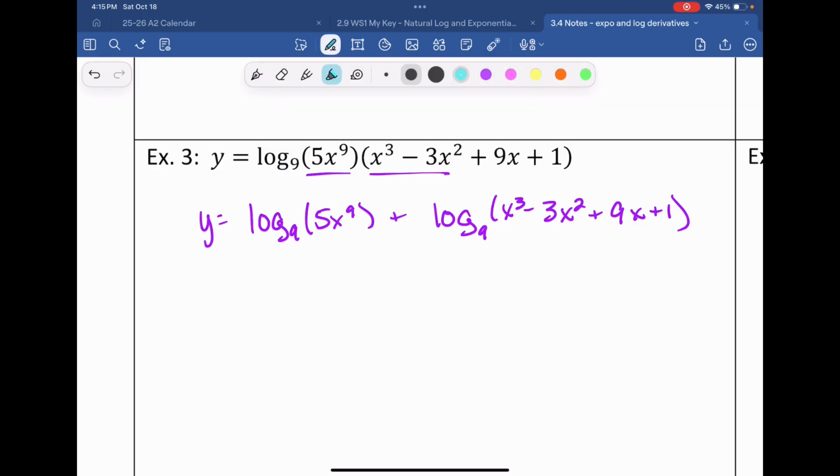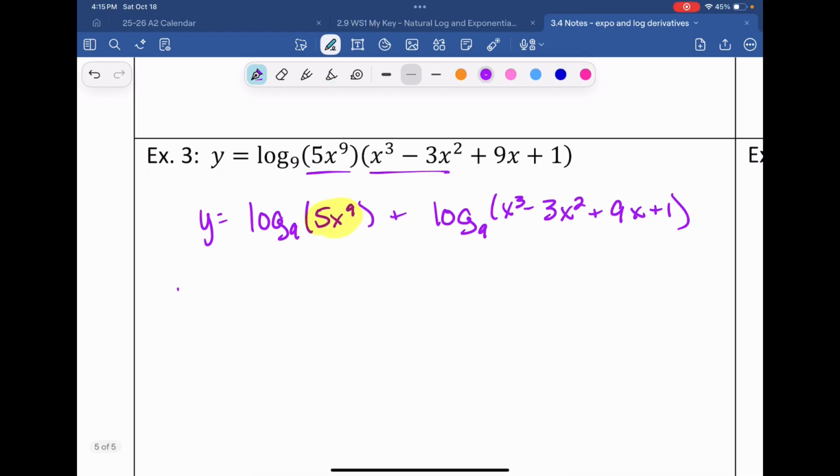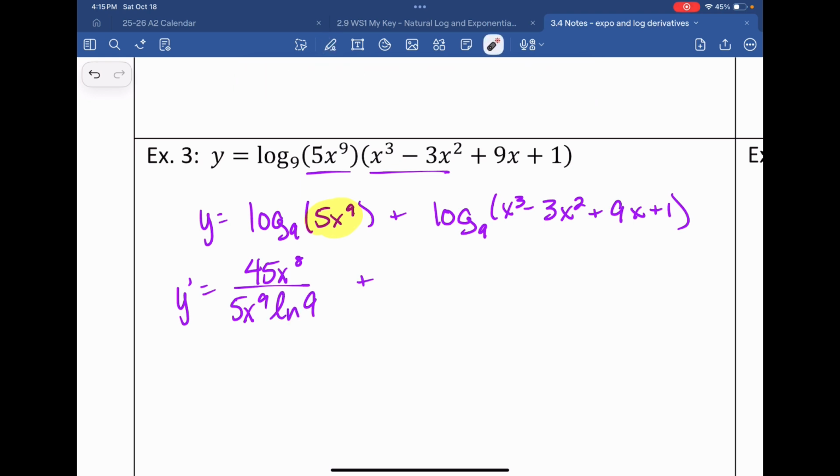All right, so starting with our first one, 5 to the 9. So the derivative of the argument over the argument times the ln of 9. Now we're here, and this time the argument is much more extensive.